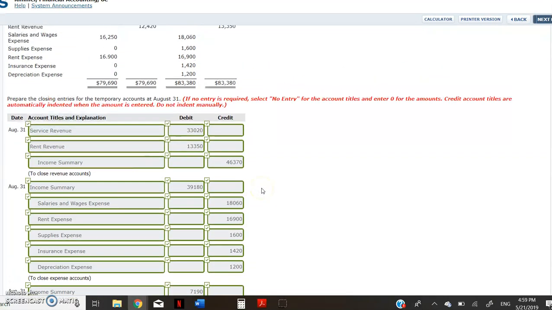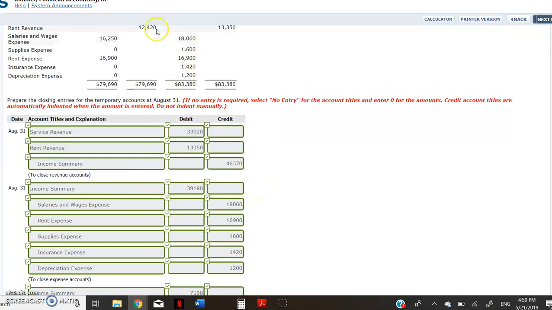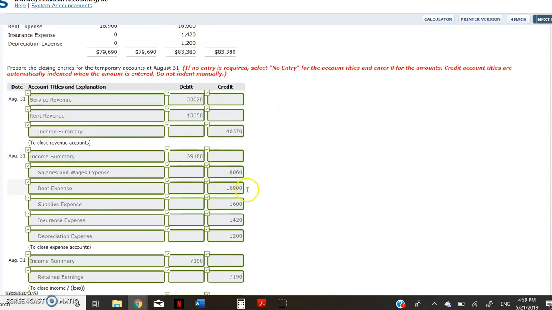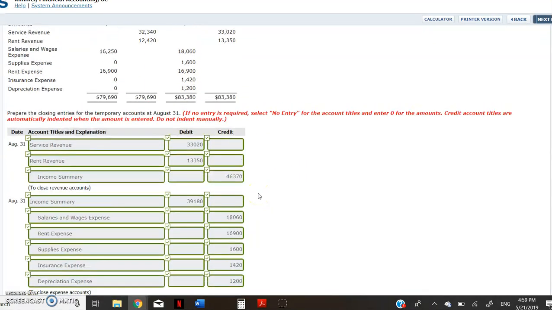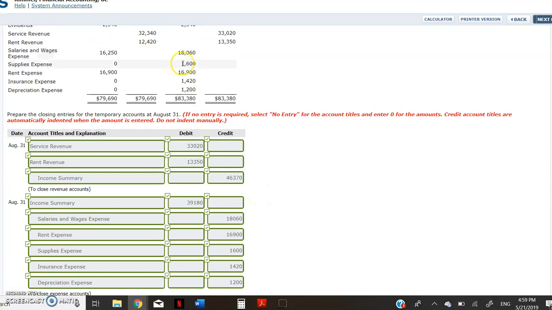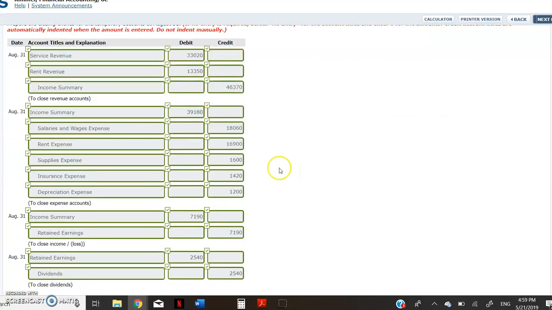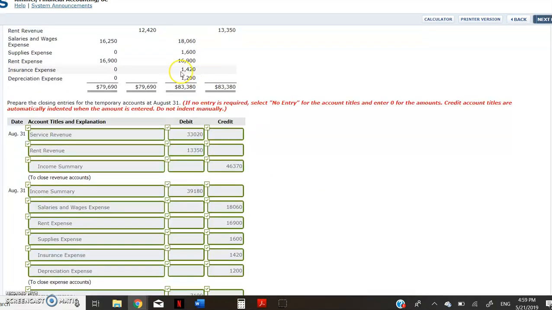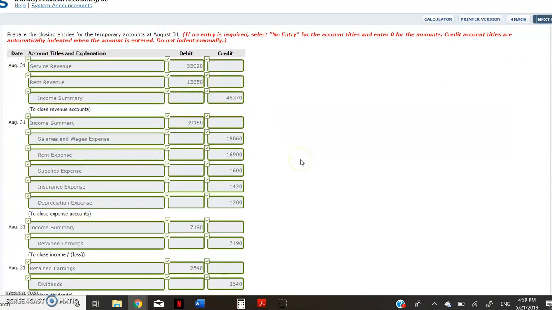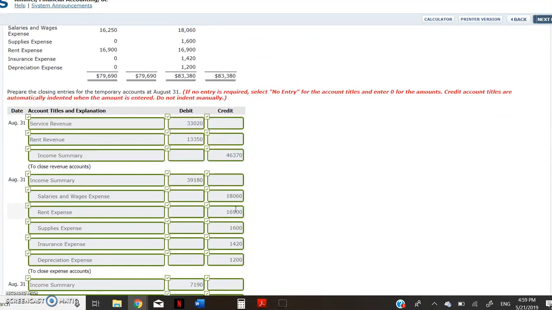Then we go to the rent expense, which is 16,900. We put that in on the credit as well. Then the supplies, we have 1,600. And then the insurance expense is 1,420, and the depreciation expense is 1,200.